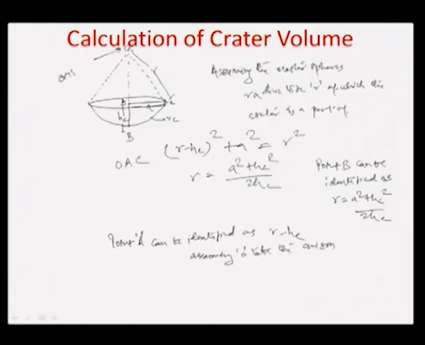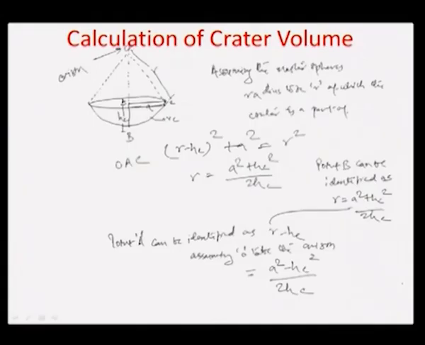This is the origin, okay, and so therefore this can be (a square minus Hc square) by twice Hc. R, as you already know, is given by (a square plus Hc square) by twice Hc.